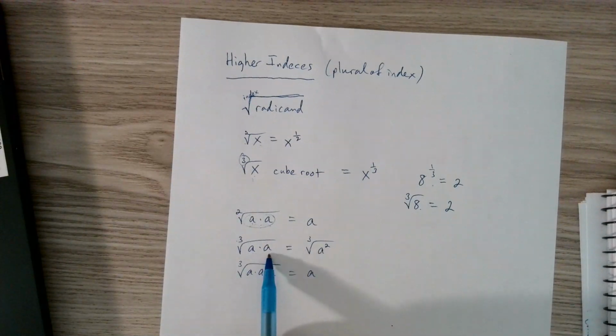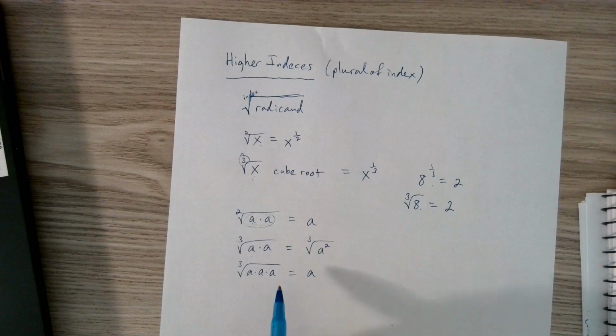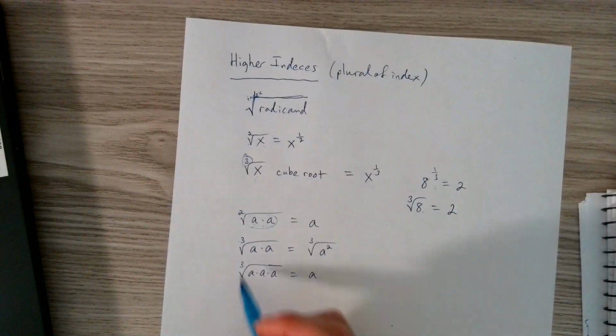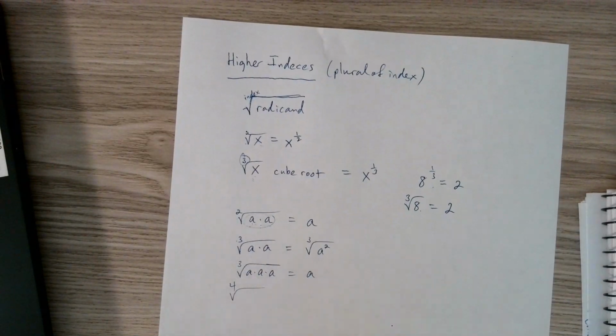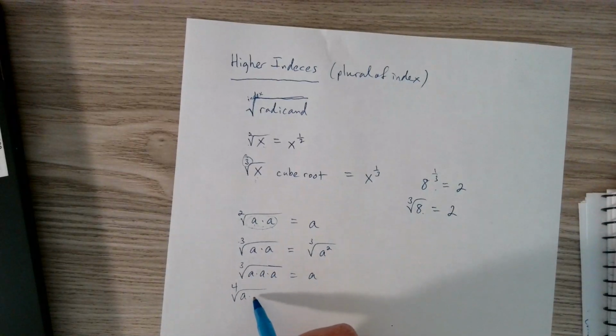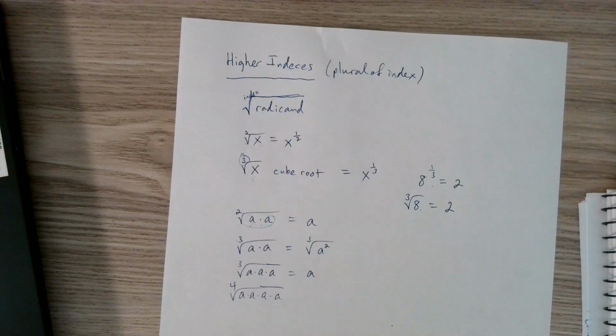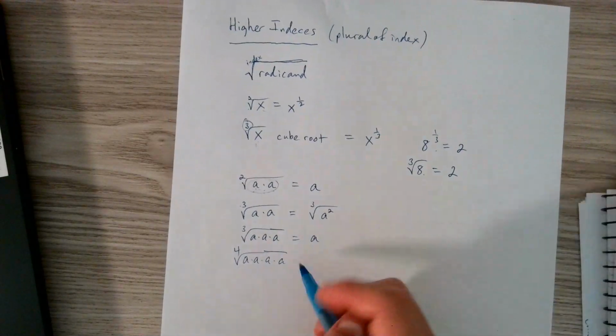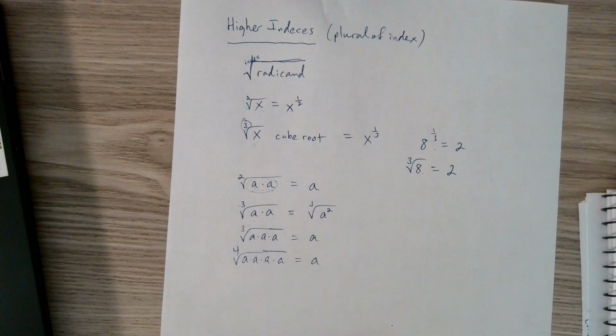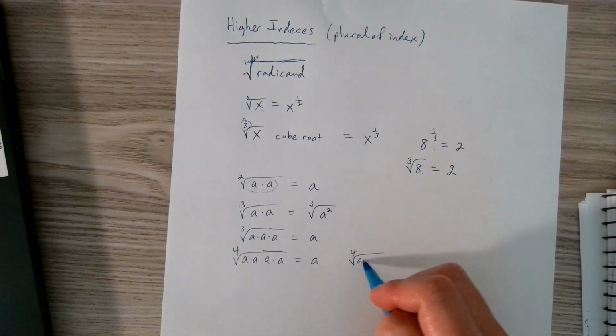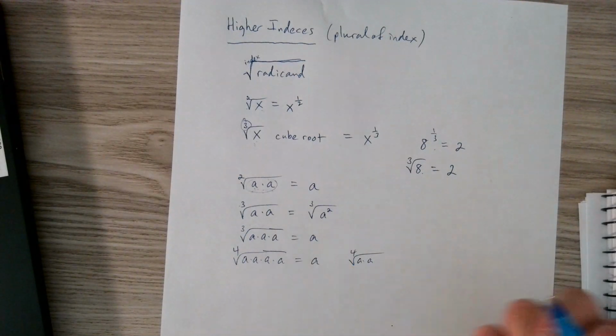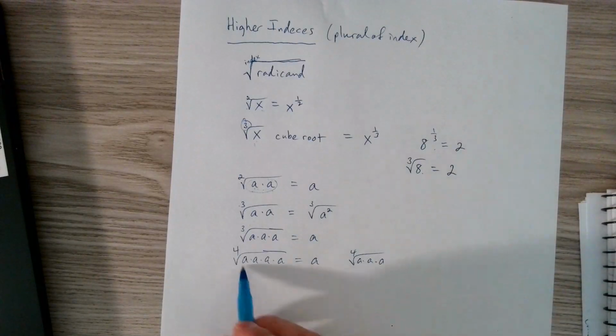As the index increases, the number of identical factors necessary in order to simplify also increases. Fourth root of a times a times a times a does become a, but fourth root of just a times a, nothing. You need that fourth a.